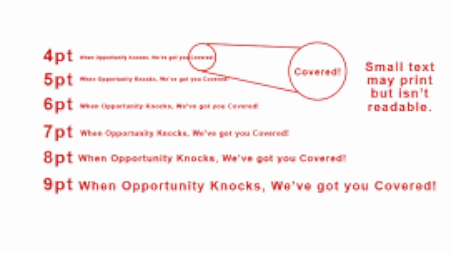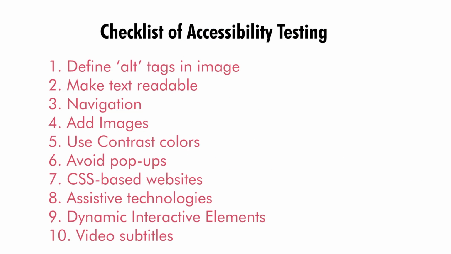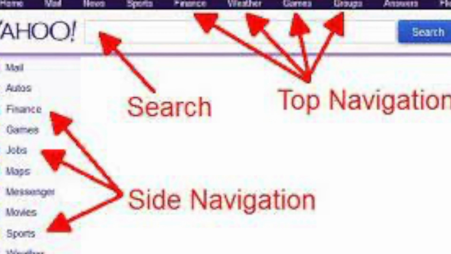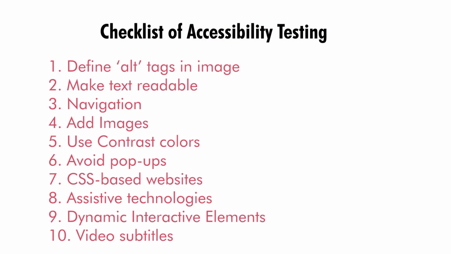Make text readable. Users with reading disabilities face learning difficulties, so it's vital to make text and sentences readable for them. Navigation. Ensure the user navigation is consistent across the website and avoid modifying web pages. Layout. Add images.